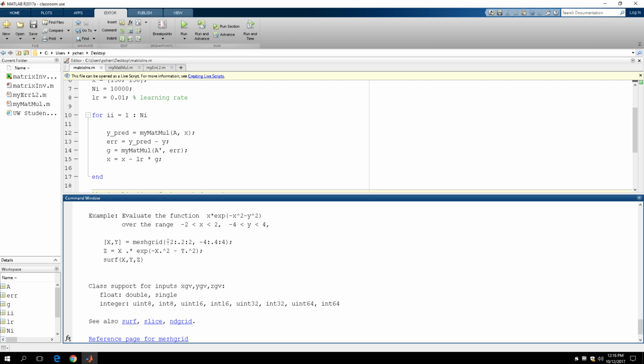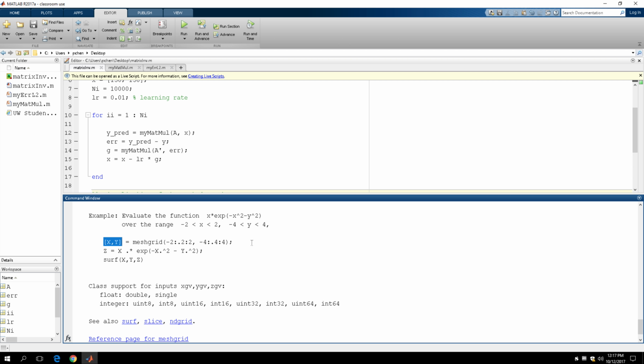You can see that here it's specifying a range for the horizontal axis with an interval of 0.2. So you're going to sample the horizontal axis from -2 to 2 with an interval of 0.2. And here you're going to sample the vertical axis from -4 to 4 with an interval of 0.4. Right? And then meshgrid is going to take these two inputs and create a two-dimensional mesh called capital X and capital Y.